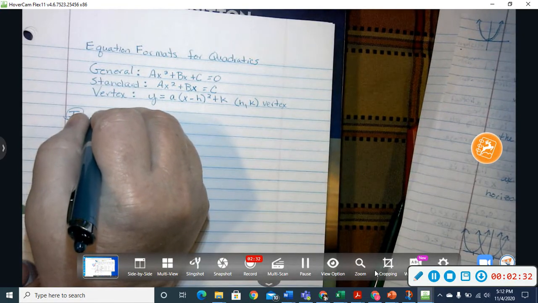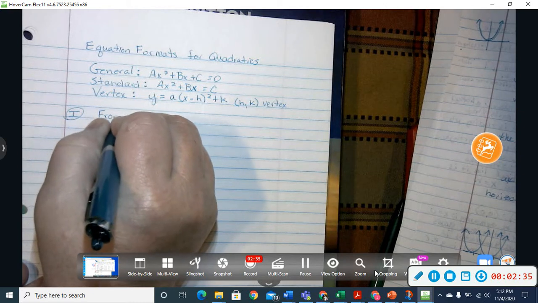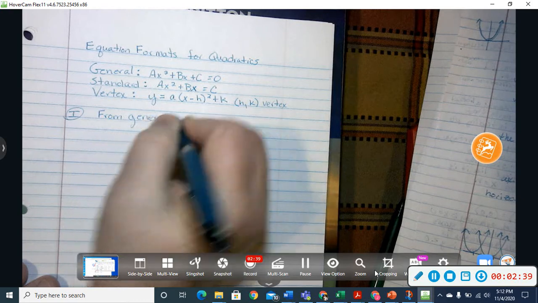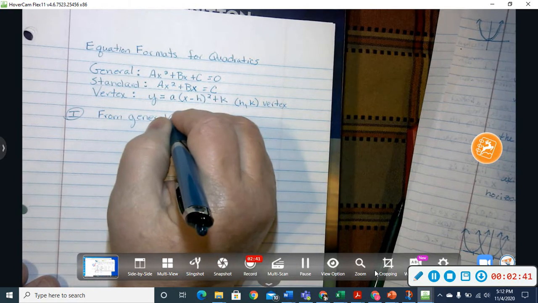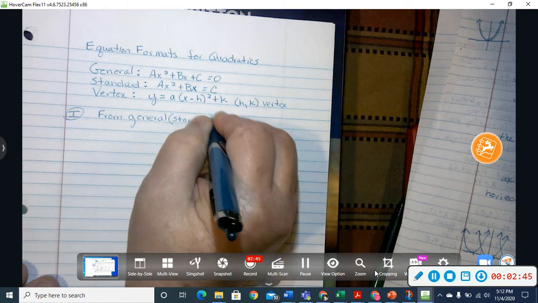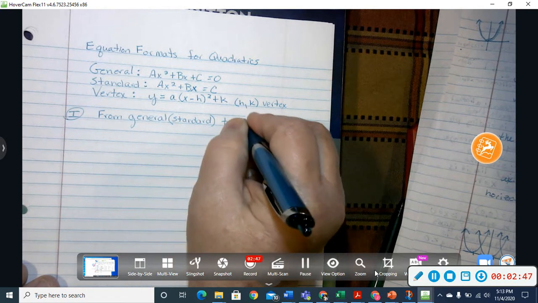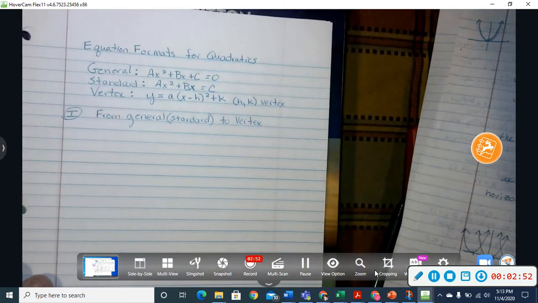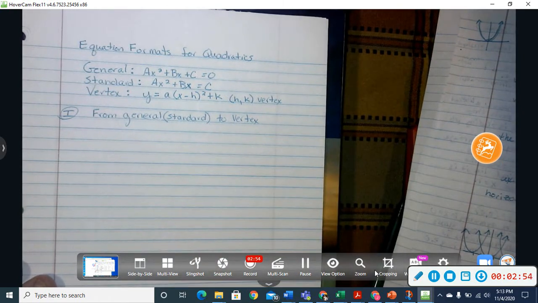So from general, and I'm going to put in here standard, because that's basically the same thing, to vertex form. That's what we're going to go over first.